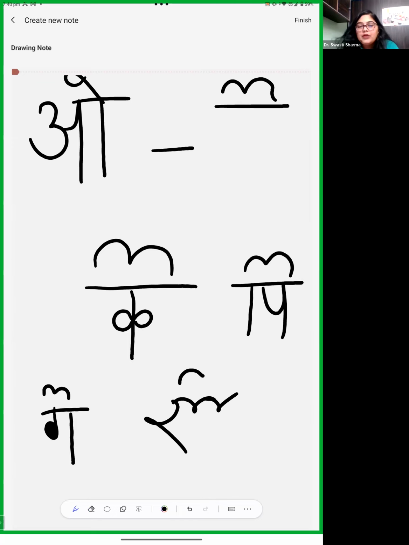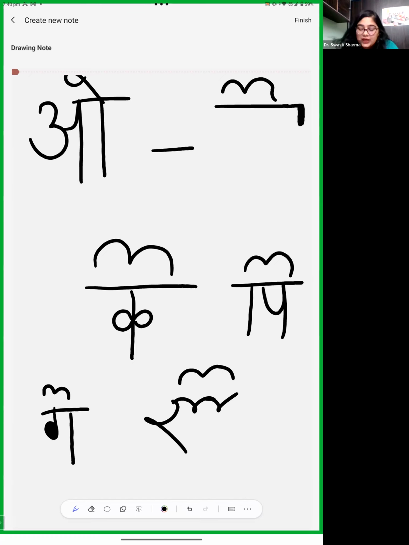Now if we have to make O, ow, we will add just one more stroke to the letter like A. Now go to the page of Akar Matra in your notebook and tell me which letters are different from the other ones. In Akar Matra, there were 4 letters which were different.